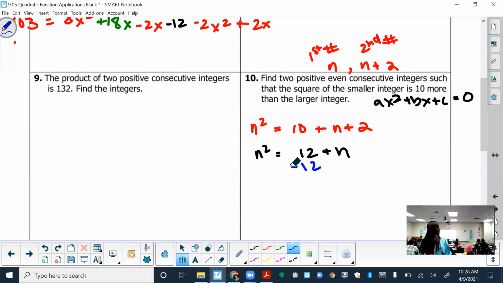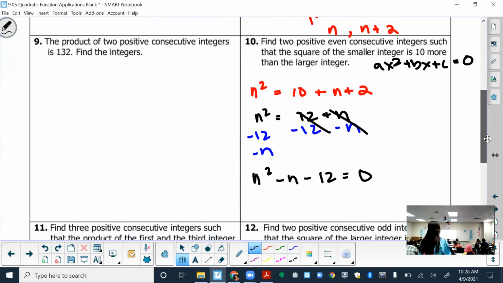So I would subtract 12 from each side, and I would also subtract n from each side. And then on the left side, I have n squared minus n minus 12 equals 0. So that cancels out. Does that make sense? Anyone confused on what I did here? All right, I'll let you keep solving it from there.